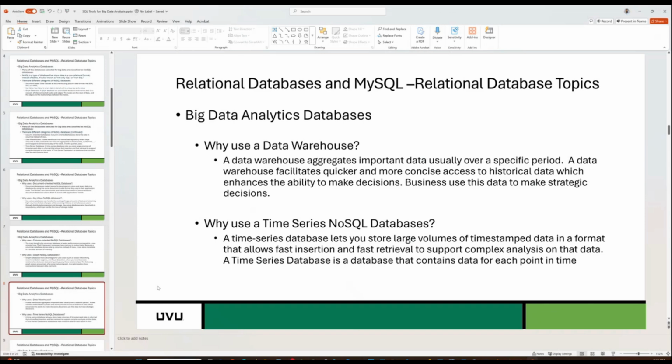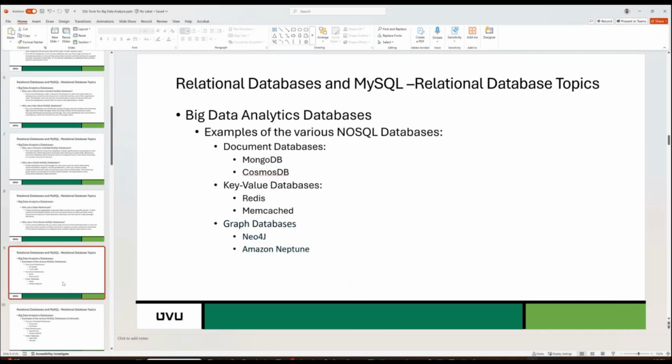It allows businesses to make strategic decisions because the powers that be, let's say sales managers or the head of sales or chief sales officer, whatever they call them, it gives them a concise database to look at trends and figure out what they need to do from there. And like I said, time series databases are really good if you're just looking at streaming data that has a timestamp.